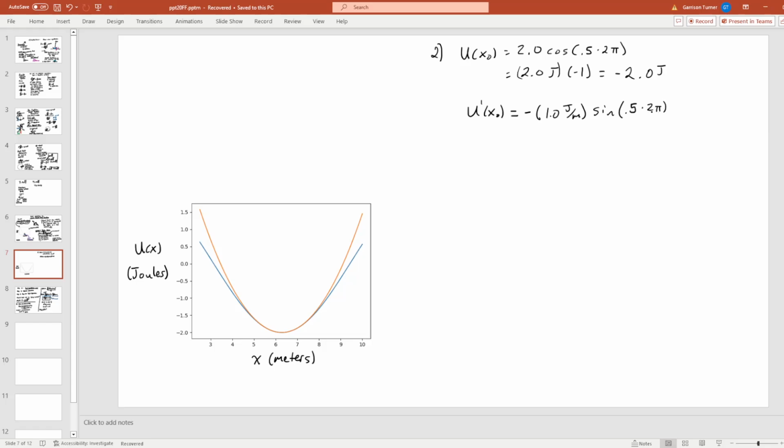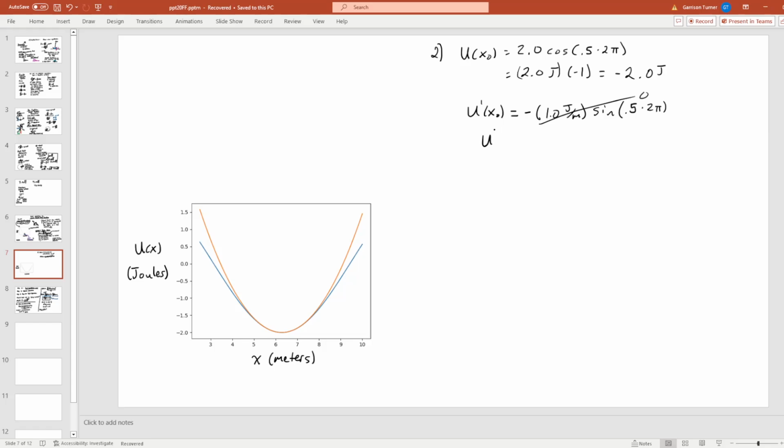But the sine of 0.5 times 2 pi is the sine of pi. The sine of pi is 0, so this whole thing goes away. And if you think about it, that should make some sense, because you found where the slope is 0 and the derivative is the slope.